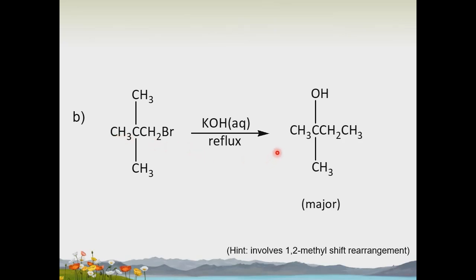So let's look at how the product is having the hydroxy group attached to the most stable carbocation, which is the tertiary carbocation, by doing 1,2-methyl shift rearrangement. Let's proceed.